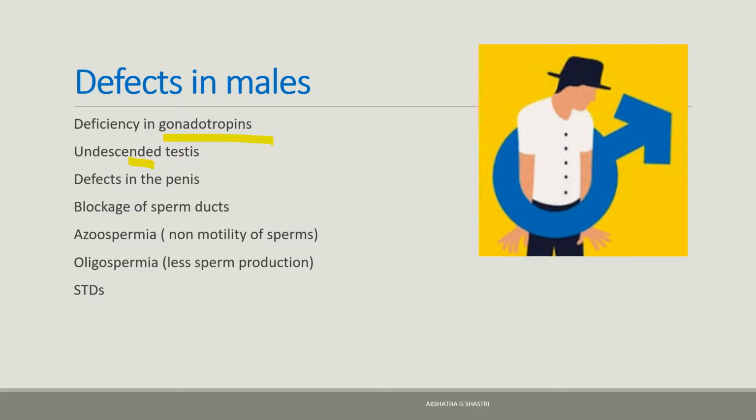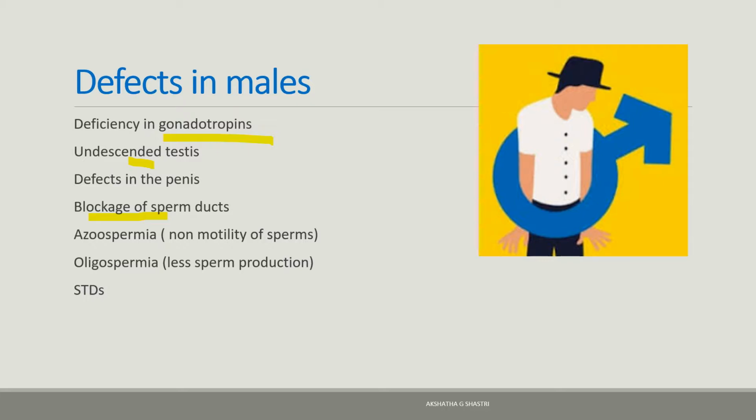These can be seen as a birth defect, and sometimes they are because of skin abnormalities. Next is the blockage of the sperm duct. If the ducts are blocked, the sperms cannot pass through, so there will be a defect in males.